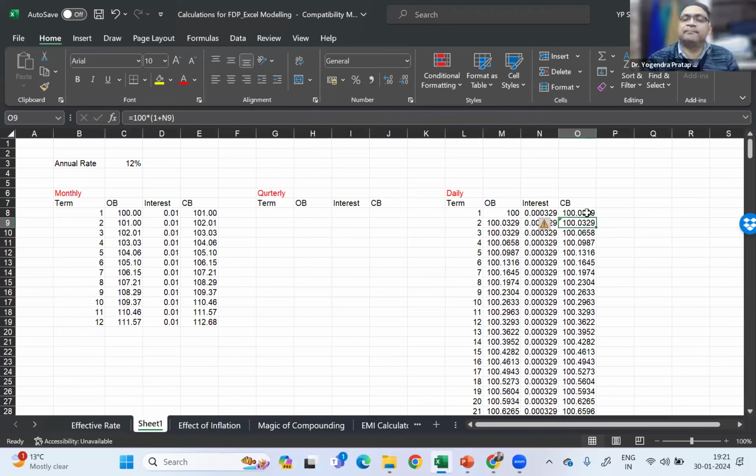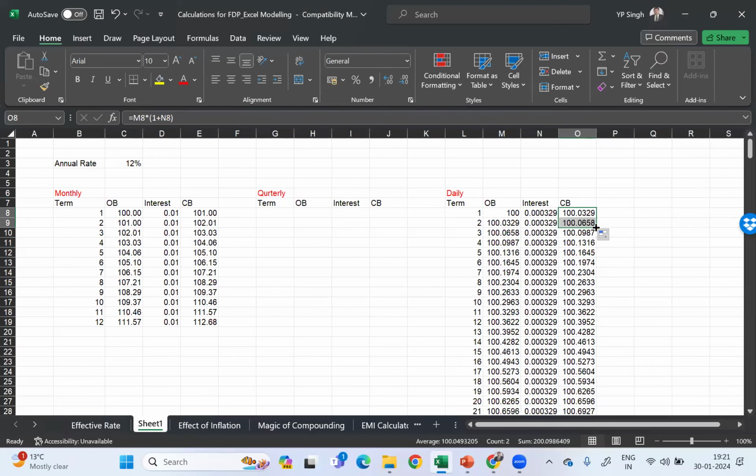This is 120, 7.47. So why is it not working?